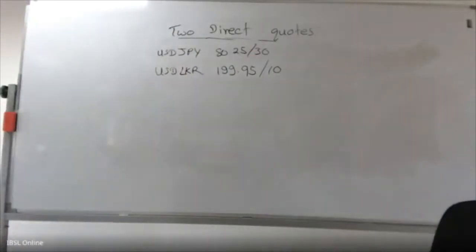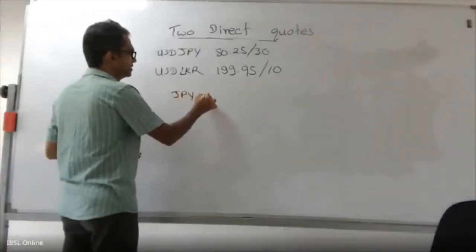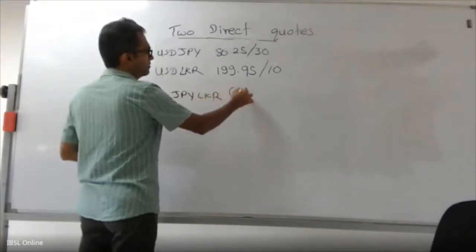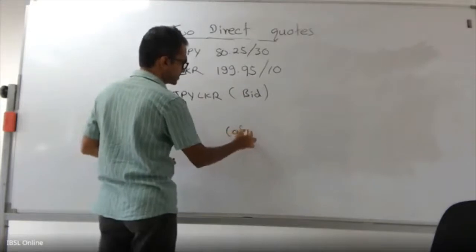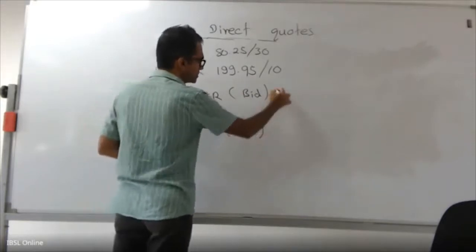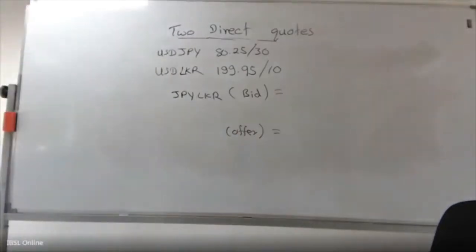What's the currency pair? Cross currency pair? JPY LKR, and again yen is the base currency. JPY LKR. What is the bid? What's the offer? Can you do it and tell me the answers?